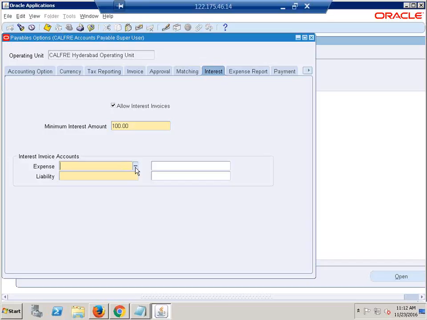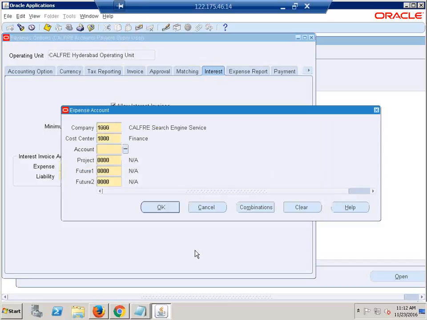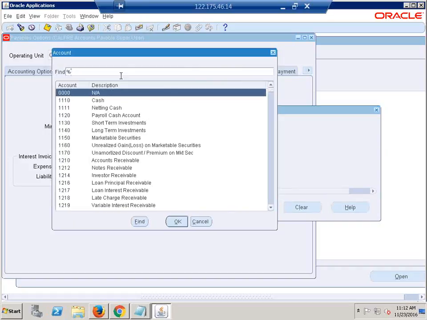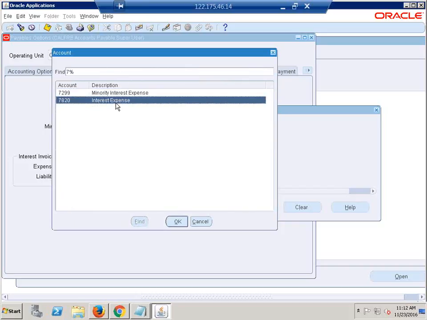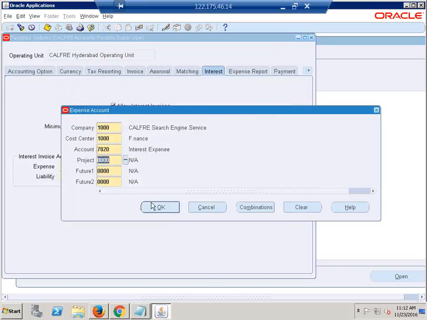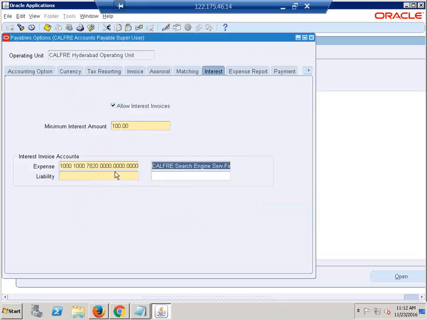Operations account. Account, select the same account. Interest expense. Okay, interest expense. Say OK. And here you can give interest liability.